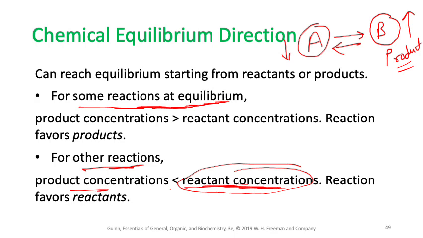So depending on which part of the reaction has high concentration, whether it's product or reactant, you can tell which part of the chemical reaction is more favored during that reaction, right? So this is how you can analyze the chemical reaction which is in equilibrium.